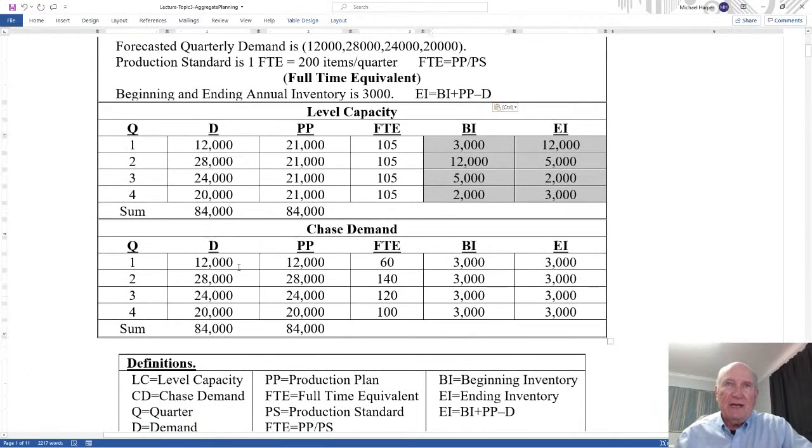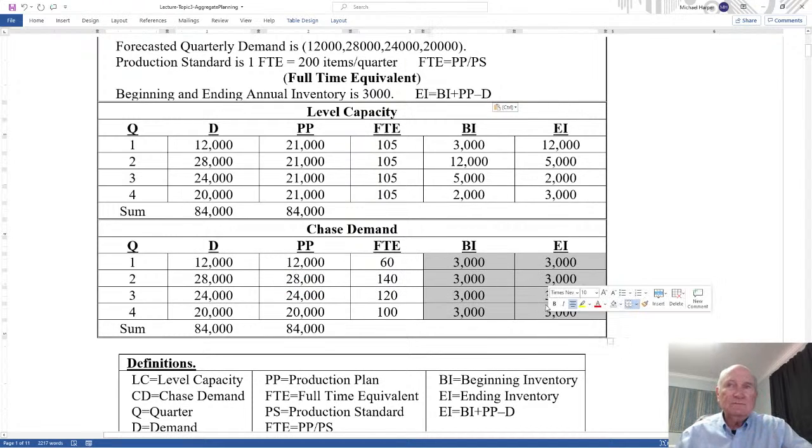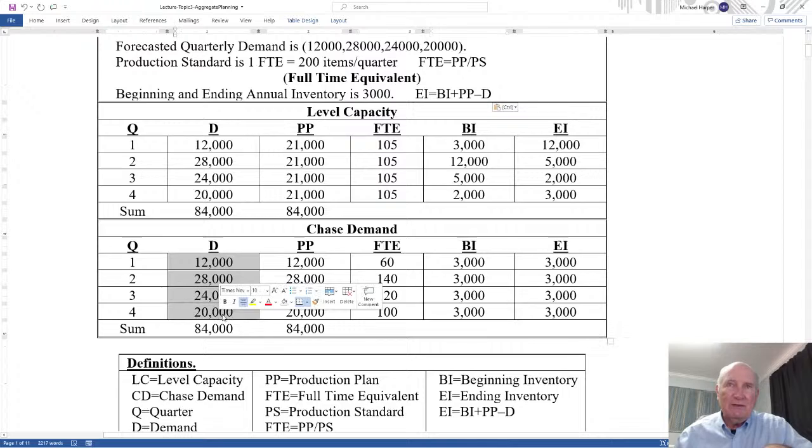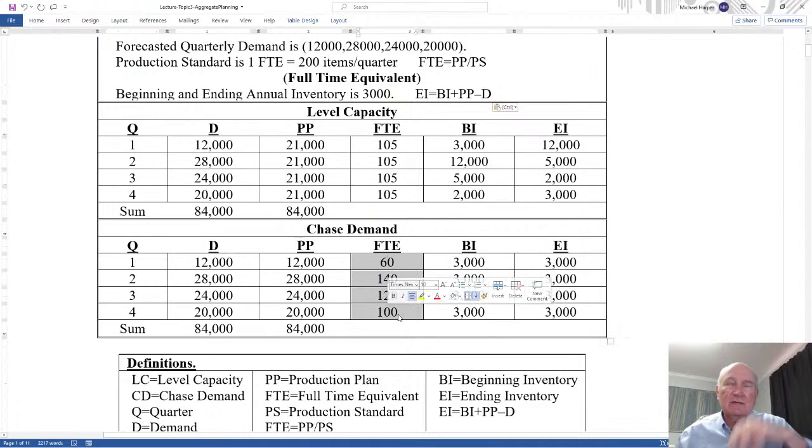Conversely, with chase demand, notice the demand variability is not in the inventory at all. So therefore, the inventory is independent of demand variability, whereas the capacity labor is dependent on the demand variability. And in this case, all the demand variability is explained in the capacity labor FTEs. So that concept is extremely important.